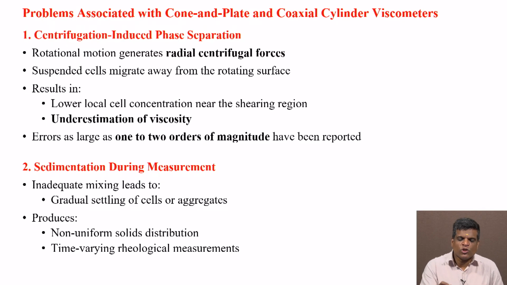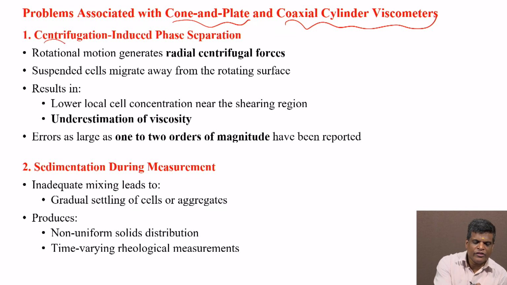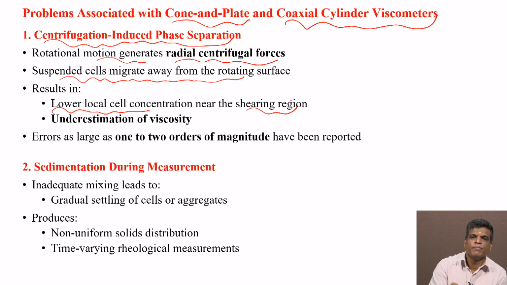What are the problems associated with the cone and plate or coaxial cylinder viscometer? One is centrifugation-induced phase separation, because rotational motion always generates radial centrifugal forces. Suspended cells migrate away from the rotating surface, which results in lower local cell concentration near the shearing region, underestimating the viscosity.